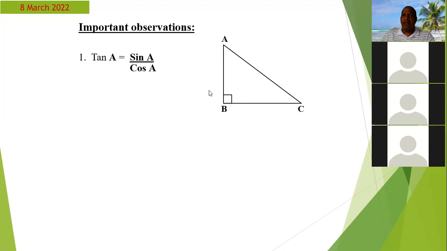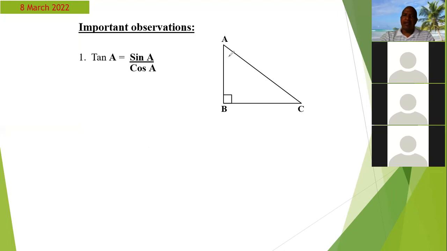Can anybody prove that the tan of angle A is equal to the sine of A over the cos of A? Do you think you would be able to prove this by using the sides of the triangle? I'm going to give you about 5 minutes to try and prove it, guys.